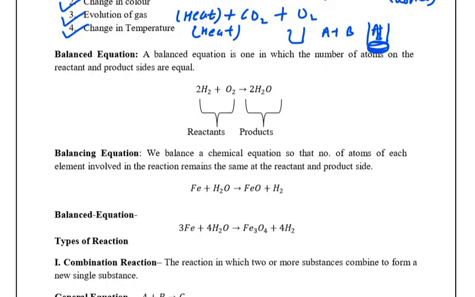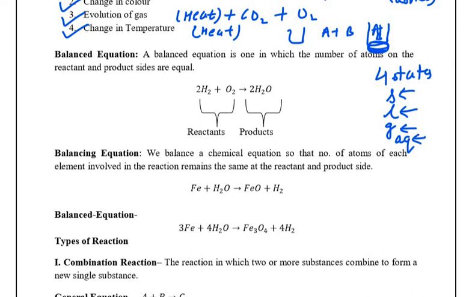Before that, I would like to tell you that we have 4 states. I think you might be knowing about solid, liquid and gas. The fourth state is aqueous. First one is solid, second is liquid, third is gaseous, fourth is aqueous.